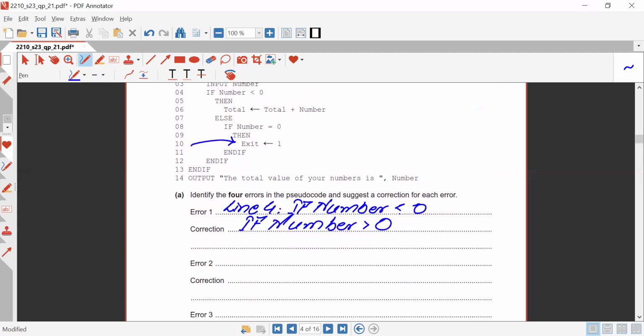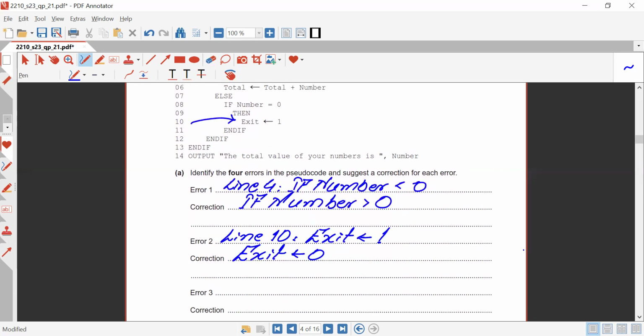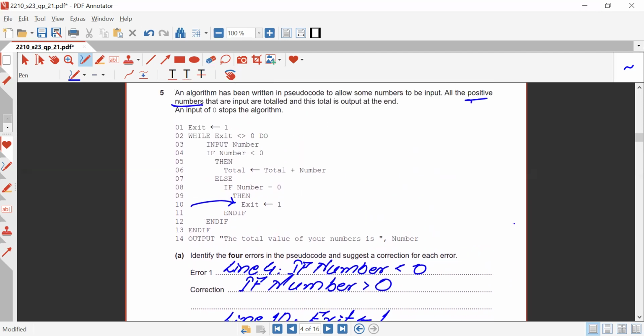So it's line number 10. The error is exit is again provided with the value 1. No, it should not be. Exit should be provided with the value 0. Then just after that, at line number 11 it's end if, line number 12 it's end if, and line number 13 it's end if, but it should not be end if because line number 13 is the continuation to line number 2.